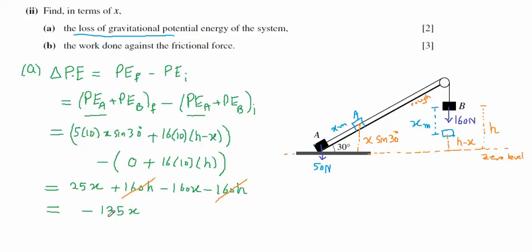Since we got delta PE negative, it means it's a loss. So the loss in gravitational potential energy PE is equal to 135x joules. This is the answer for part A of the second part of the question.